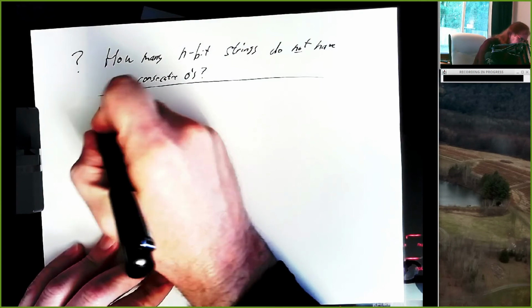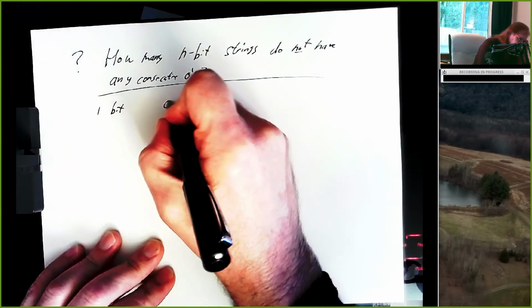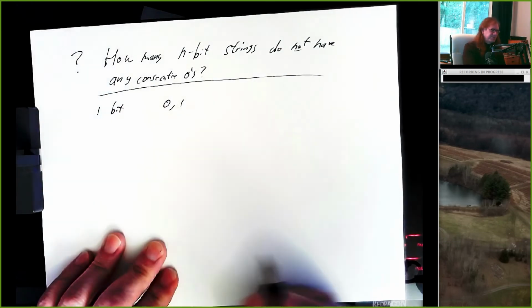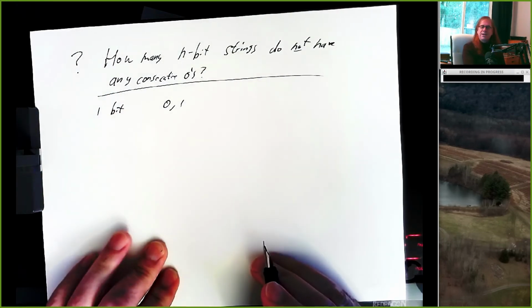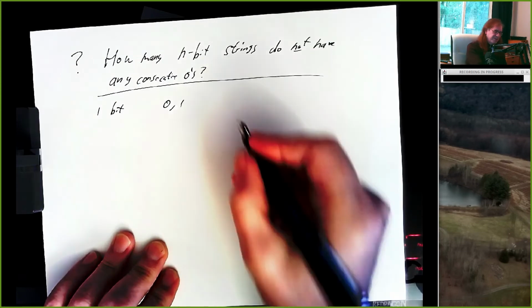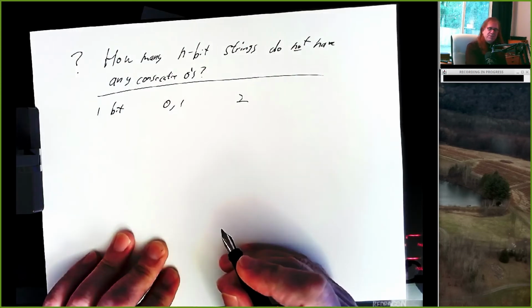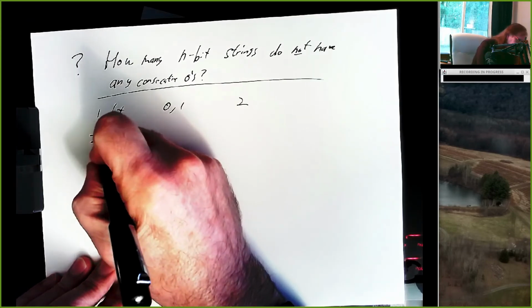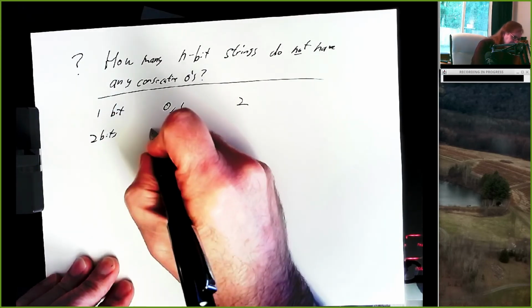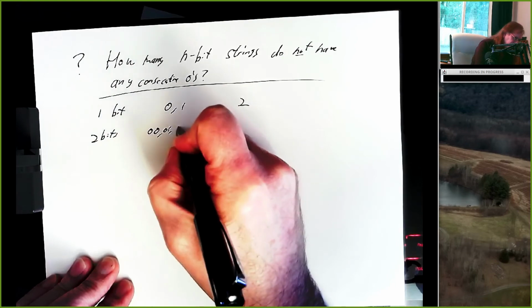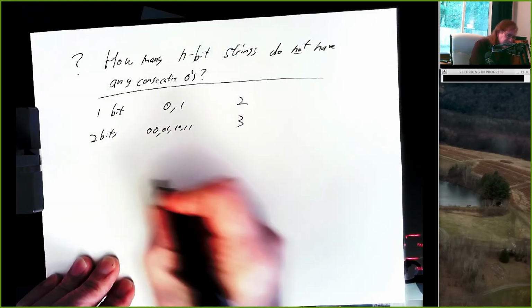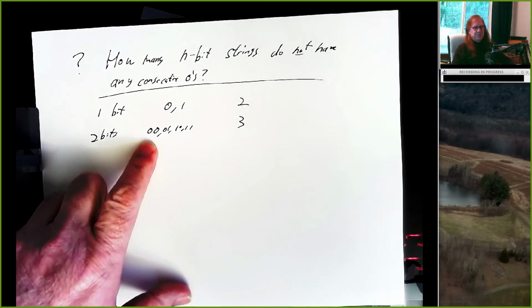And so, for example, 1 bit, well, we only have a 0 and a 1. Those are our only 1-bit strings. Neither of those has a pair of consecutive zeros. And so we have 2 1-bit strings that satisfy this requirement. If you have 2-bit numbers, we have 00, 01, 10, and 11. And 3 of these satisfy this requirement. 00 fails.